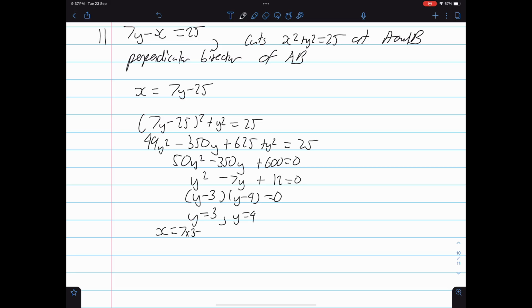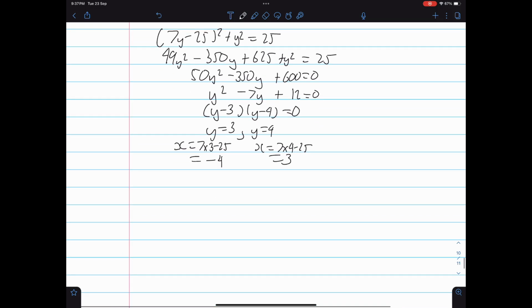x equals 7 times 3 minus 25, which is minus 4. Or it can be 7 times 4 minus 25, which is 3. So A and B are at (negative 4, 3) and (3, 4).